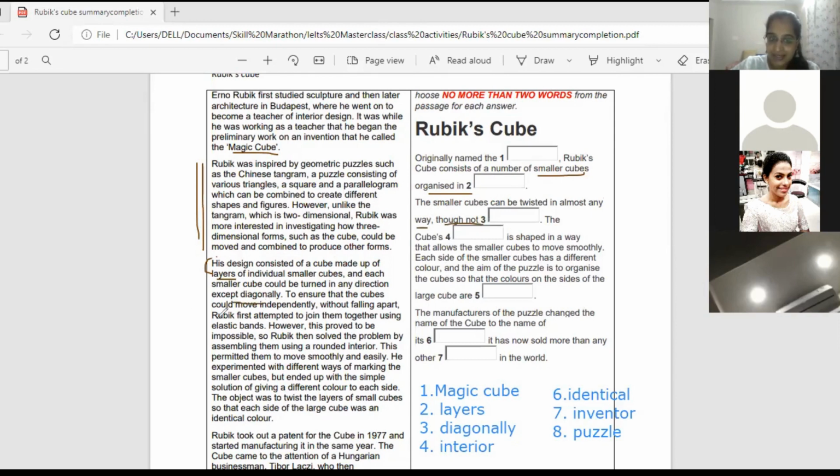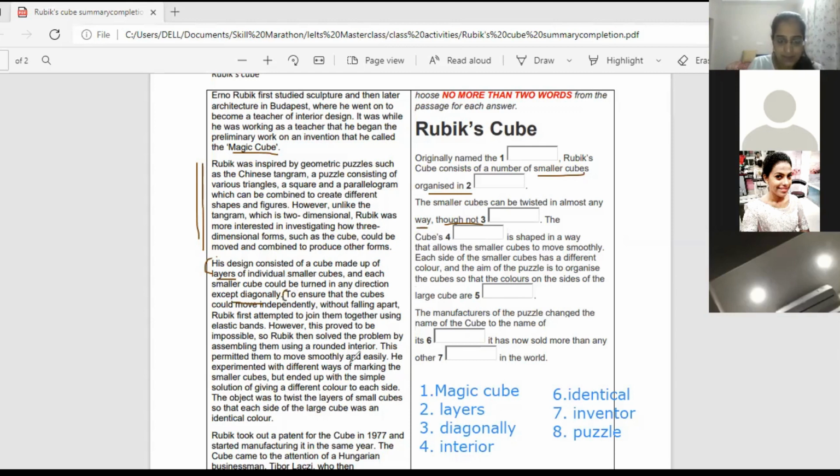Okay. How should you have done it? First, understand the context by reading the first sentence. Along with that, pick certain words which are striking. The cube's dash is shaped in a way that allows smaller cubes to move smoothly. Okay, so this is the next statement.